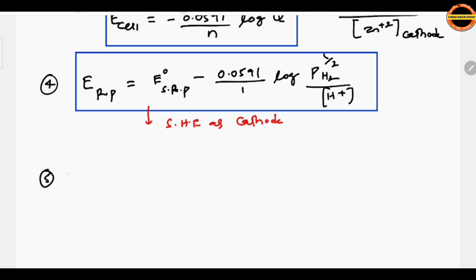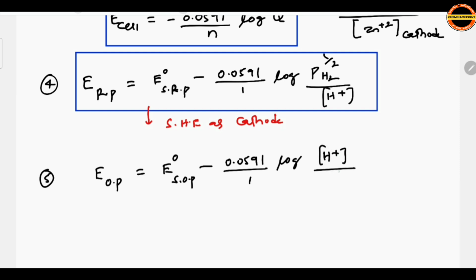Similarly, if I write in terms of anode, where oxidation potential is equal to ESOP, standard oxidation potential, minus 0.0591 by 1 log. So here what you will get? Reverse. Here you will get the reverse: H plus by partial pressure of H2 to the half. Why are we writing half? In the reaction you will get half H2 per 1 mole. That's why we are writing half here.